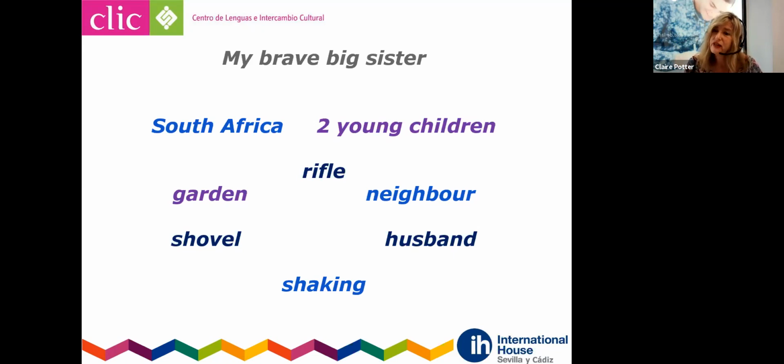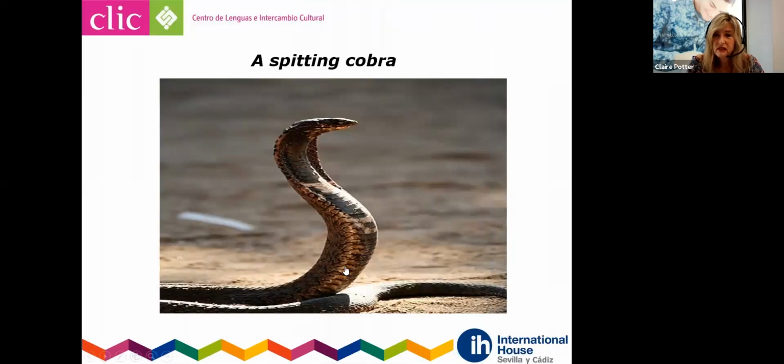And later that evening, her husband came home from work with a colleague who was South African and explained to him what had happened. And so they went out into the garden and the colleague had a look at the snake and he said to my sister, Jill, have you got any idea what you've done? And she sort of said, well, no. And he said, you've killed one of these, a spitting cobra.